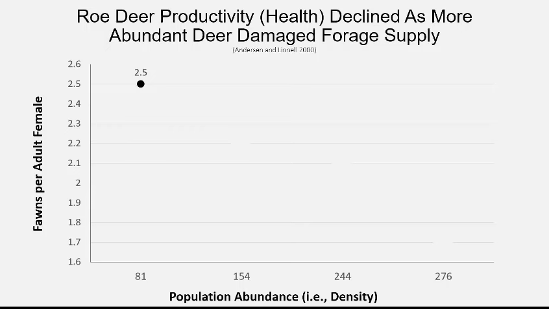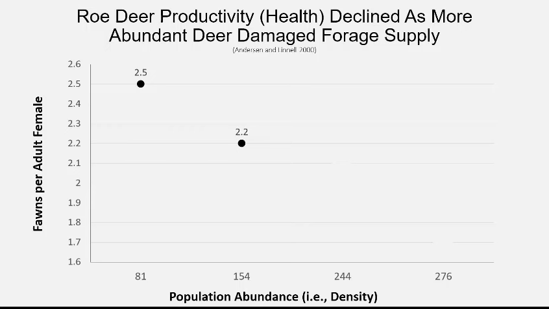The next year, they sampled the population. They estimated there were 154 roe deer in the population. The adult does, the adult females, had a productivity of 2.2 fawns per adult female. So if you had 10 does, they were producing 22 fawns.